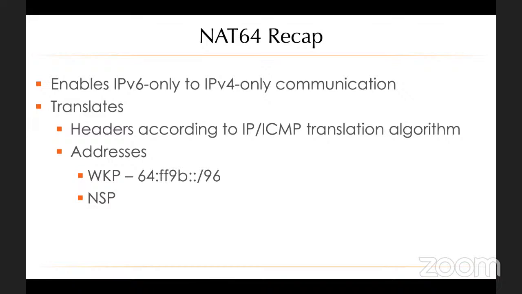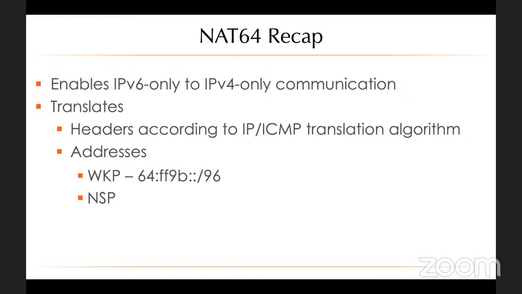Remember, the V4 header has 14 fields, if I remember well, and the V6 header has 8 fields, right? So there's the version, source address, destination address. When you're doing the translation, these headers also need to be translated, V6 to V4.